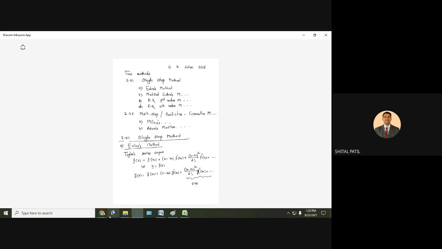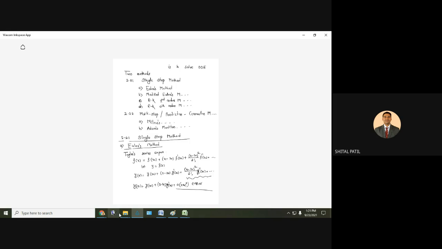I want to simplify now. So I'll consider y of x, that is y only, equal to y of x naught plus x minus x naught into y dash of x naught plus order of x minus x naught square. The remaining terms, x minus x naught cube, x minus x naught raised to 4 and so on, I'm considering as an error.